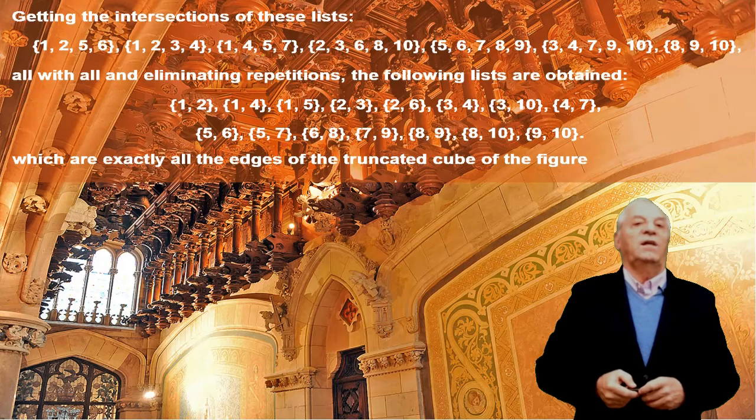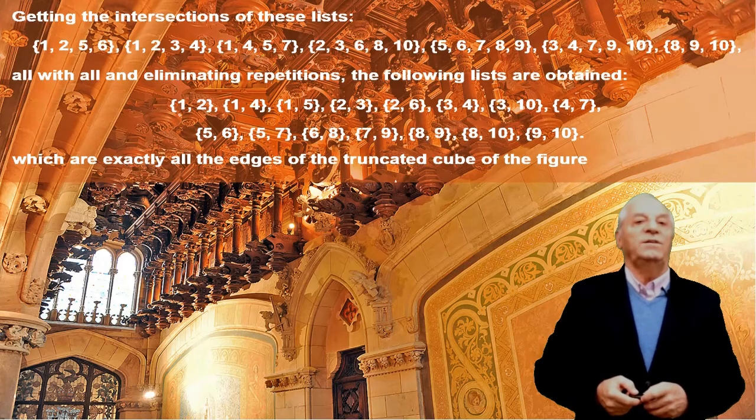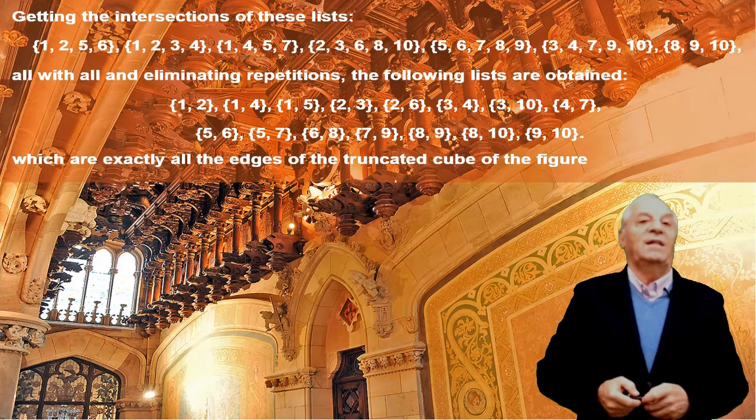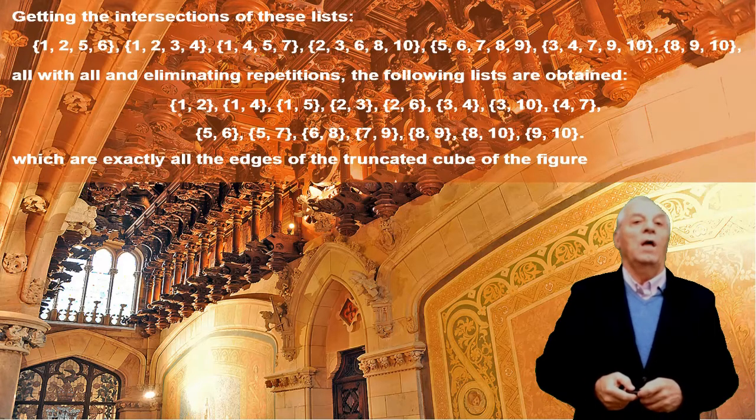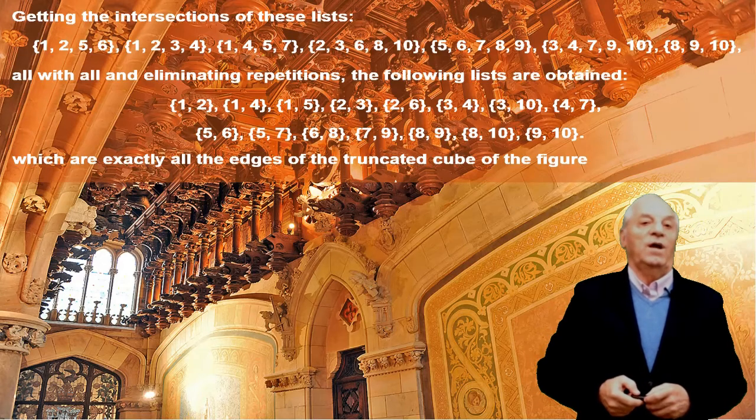We can check that they effectively are all edges of the truncated cube. Incredibly, once again, we check that these are precisely all, absolutely all, and there is none missing, while there are many other combinations, couples, that are not edges.